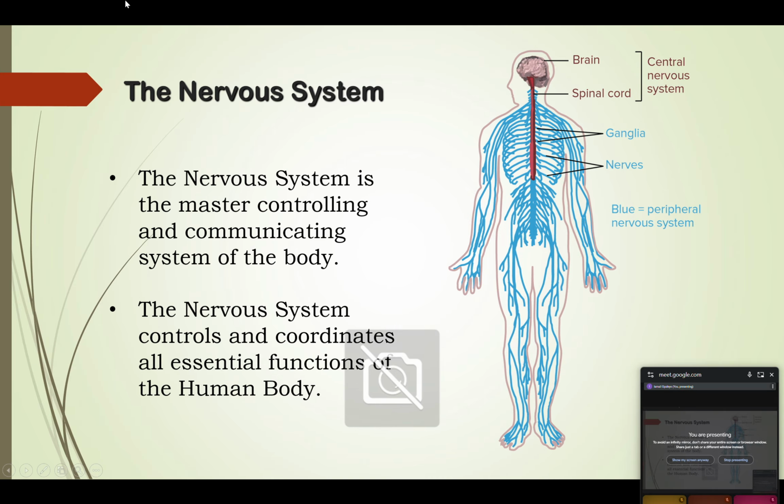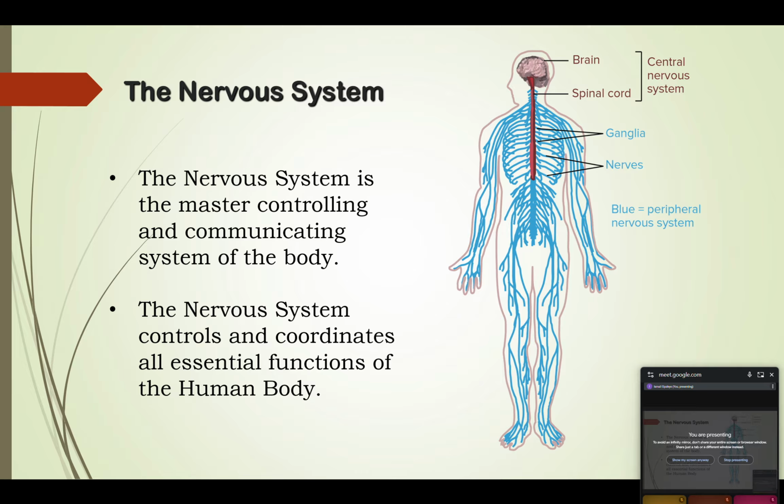All right, so I said earlier that the nervous system is a branch in biology. It's one of the important topics in biology that has to do with the perception of stimulus.